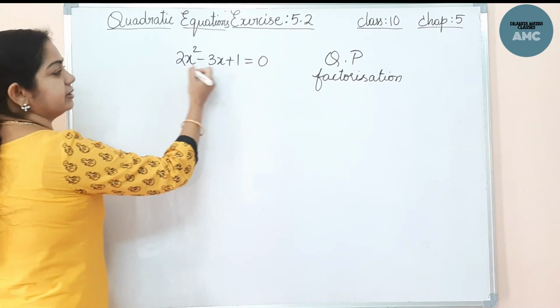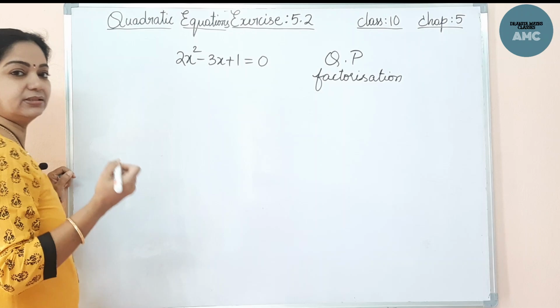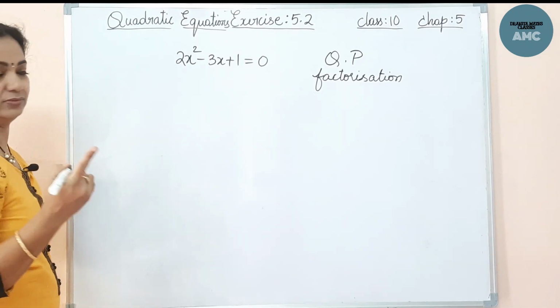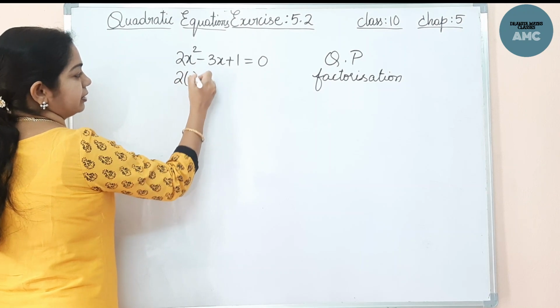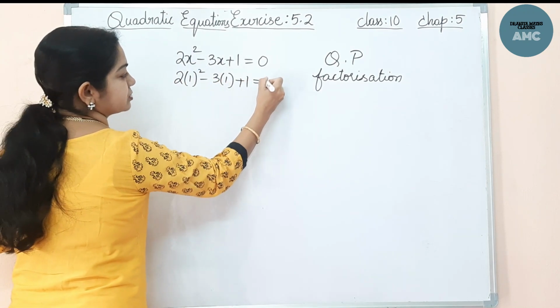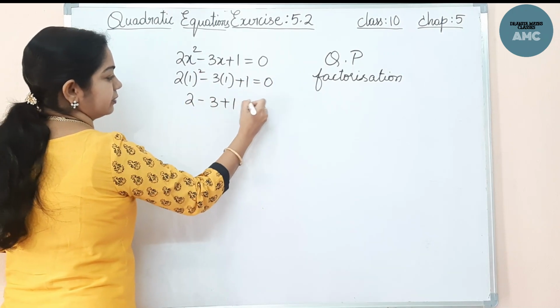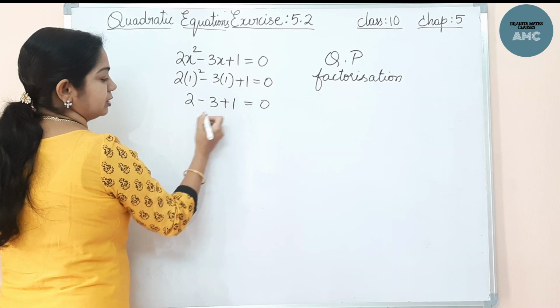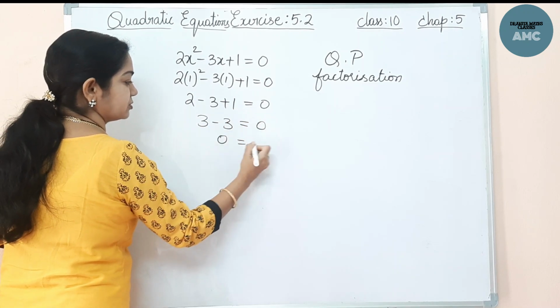Now if I substitute x is equal to 1, then it comes to 2 into 1 square minus 3 into 1 plus 1 equals 0. That comes to 2 minus 3 plus 1 equal to 0. So 3 minus 3 equal to 0, 0 equal to 0.